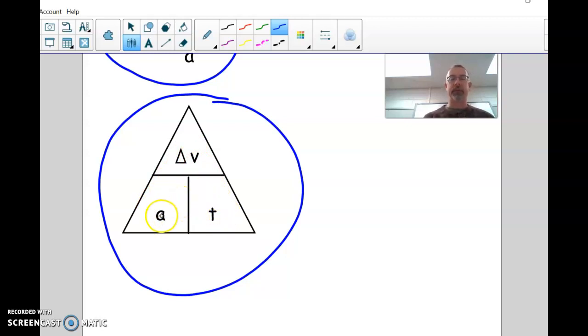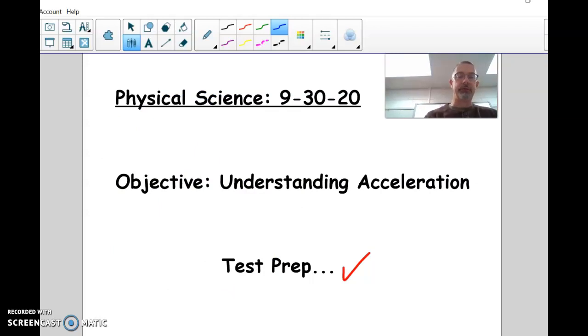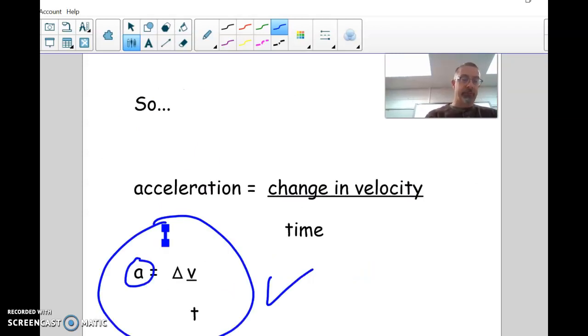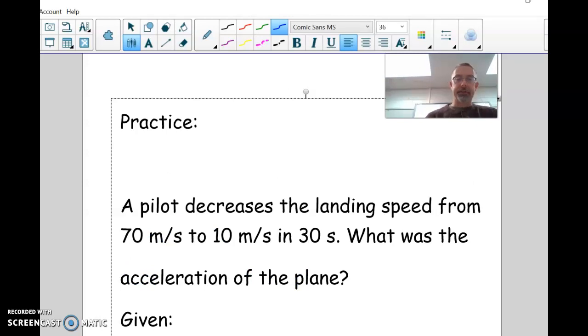So if I want to find this, I take velocity divided by time. If I want to find velocity, I take acceleration times time. If I want to find time, I take velocity divided by acceleration. This triangle will prove helpful for you as you try to solve these problems if you forget how to do them. Okay? So let's mosey on down the line here.